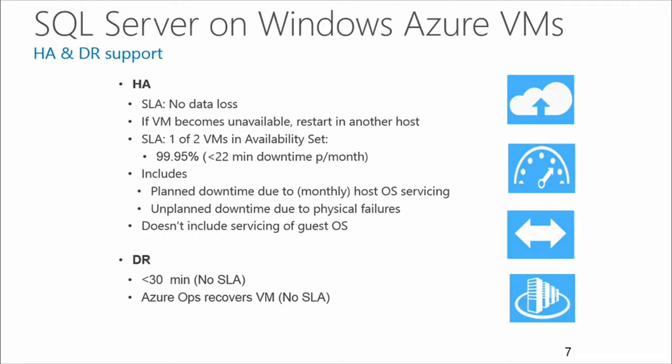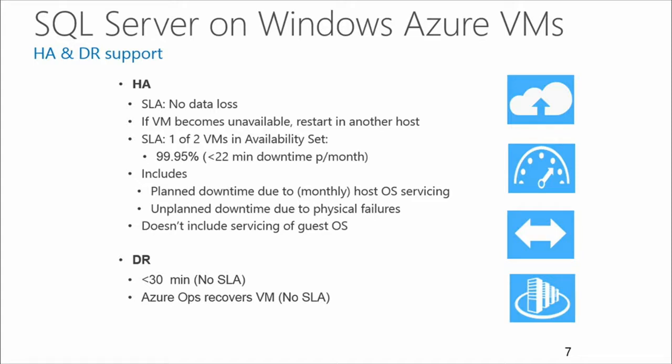So there is an SLA from Windows Azure. The SLA applies when you add 1 or more virtual machines in an availability set. The SLA is 99.95%, which means less than 22 minutes of downtime per month. So over 1 month, at most 22 minutes, you won't have any of the VMs accessible.